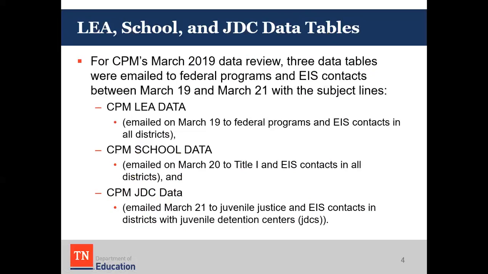The LEA table was emailed on March 19th to federal programs and EIS contacts in all districts. The school table was emailed on March 20th to Title I and EIS contacts in all districts. The JDC table was emailed March 21st to Juvenile Justice and EIS contacts in the 17 districts with Juvenile Detention Centers, JDCs.